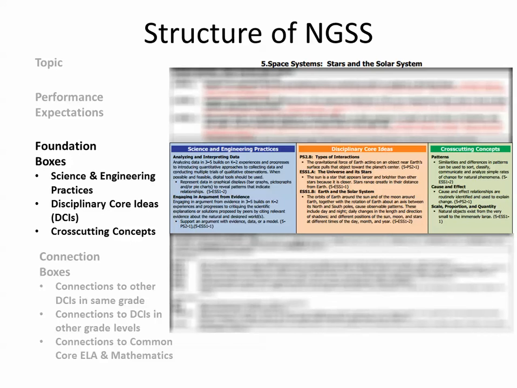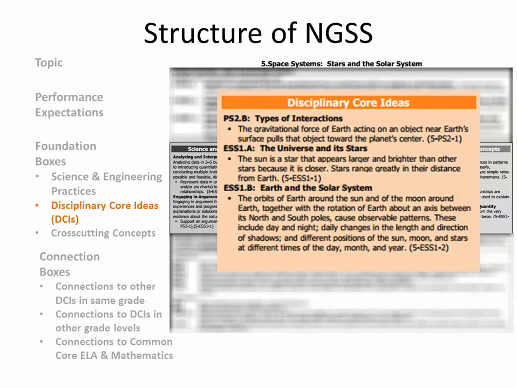Underneath the performance expectation are the foundation boxes. The orange box in the center is a disciplinary core idea, and these actually are focused on the science content, or sometimes some people refer to this as the meter. This is the actual knowing of science that you expect from your students. I want to point out that there are codes on these.